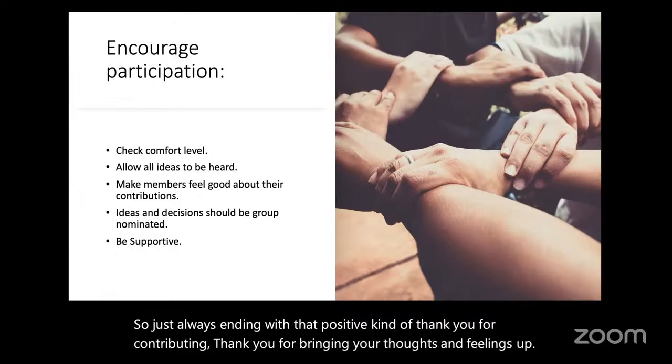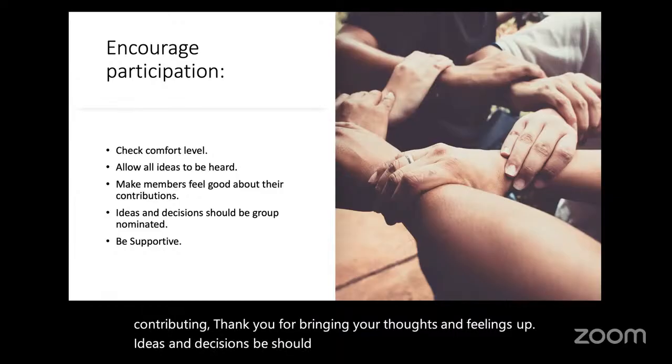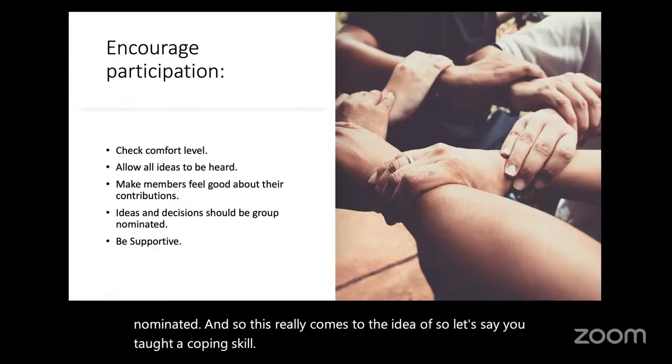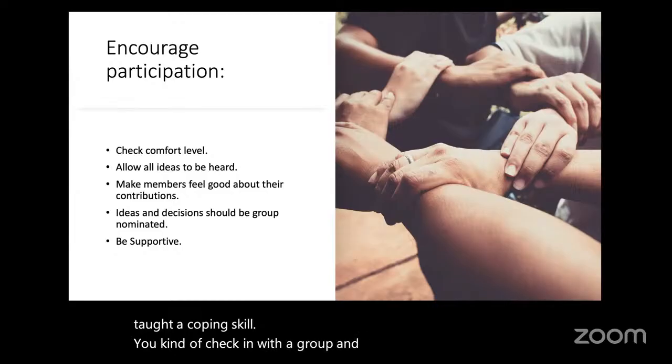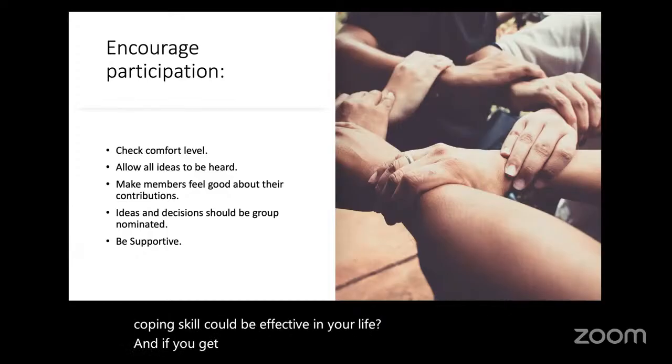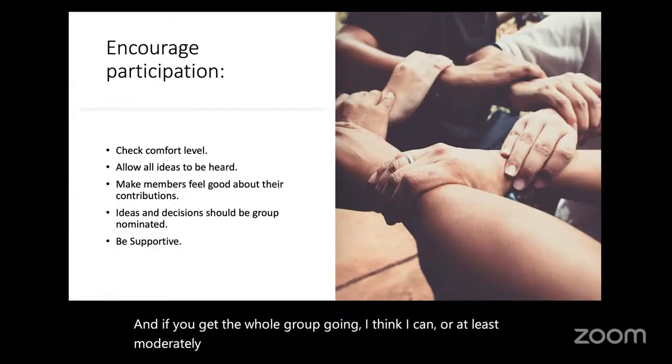Ideas and decisions should be group nominated. And so this really comes to the idea of, let's say you taught a coping skill. You check in with the group and say, who feels like this coping skill could be effective in your life? And if you get the whole group going, yeah, I think I can, or at least moderately so, you're on the right path, because then you can start the role play process.